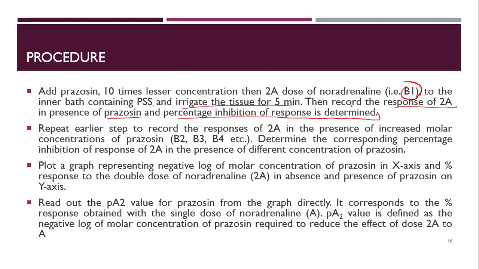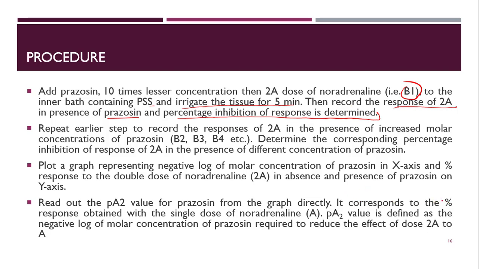So we have to plot a graph which is representing negative log of molar concentration of prazosin on x-axis and the percent response to the double dose of the noradrenaline in absence and presence of the prazosin on the y-axis.